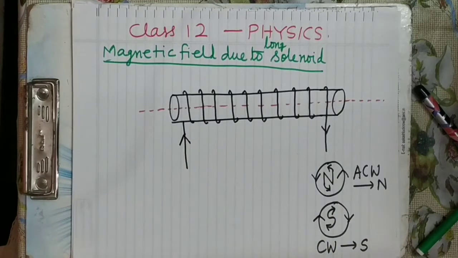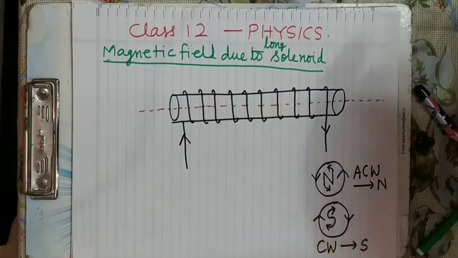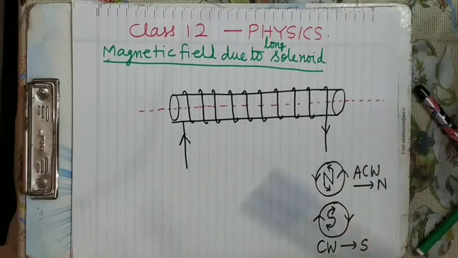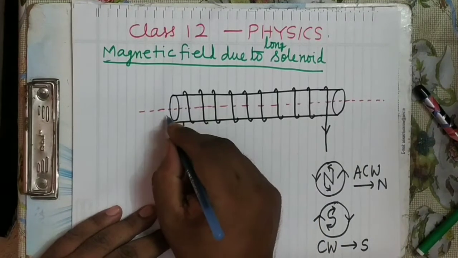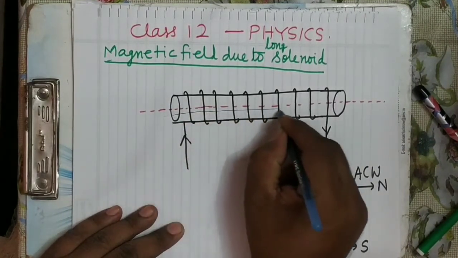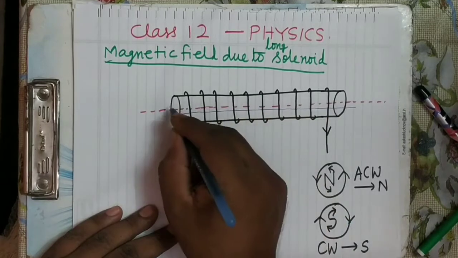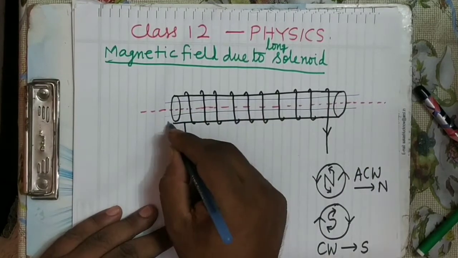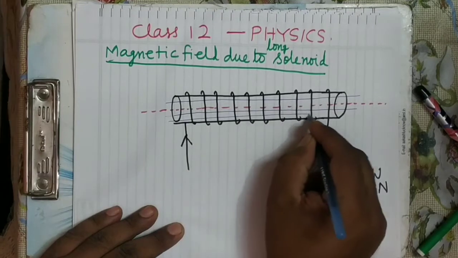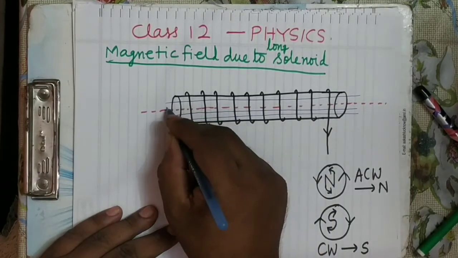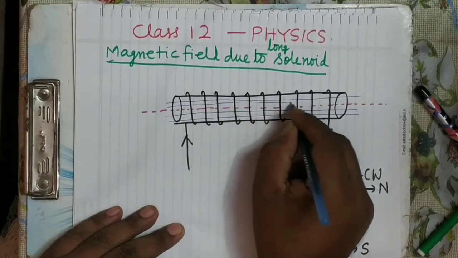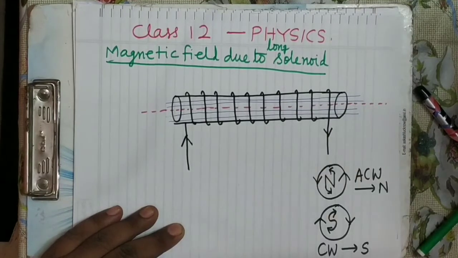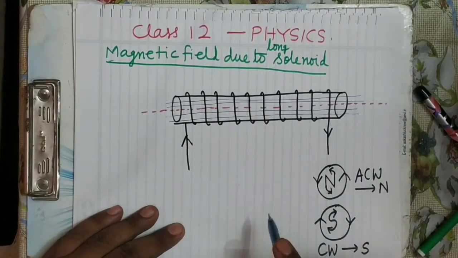If we draw the magnetic lines of force here, it will be like this. This will be the pattern of magnetic field inside the solenoid parallel to the axis.